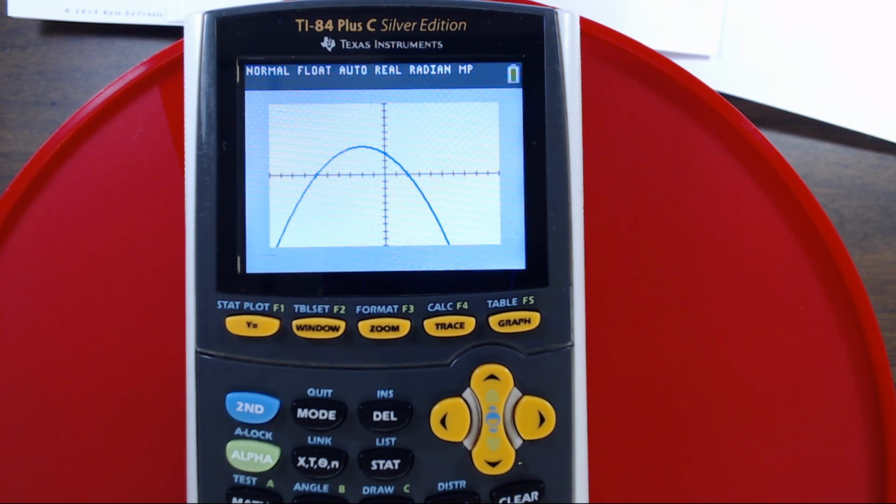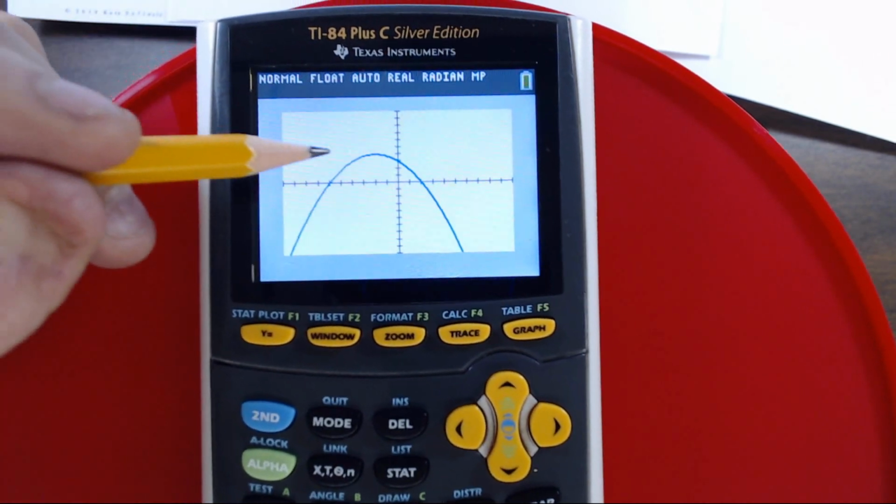What's the axis of symmetry? Negative 2? Negative 2. It's just negative 2. X equals negative 2. It's a dotted vertical line passing right through the center.